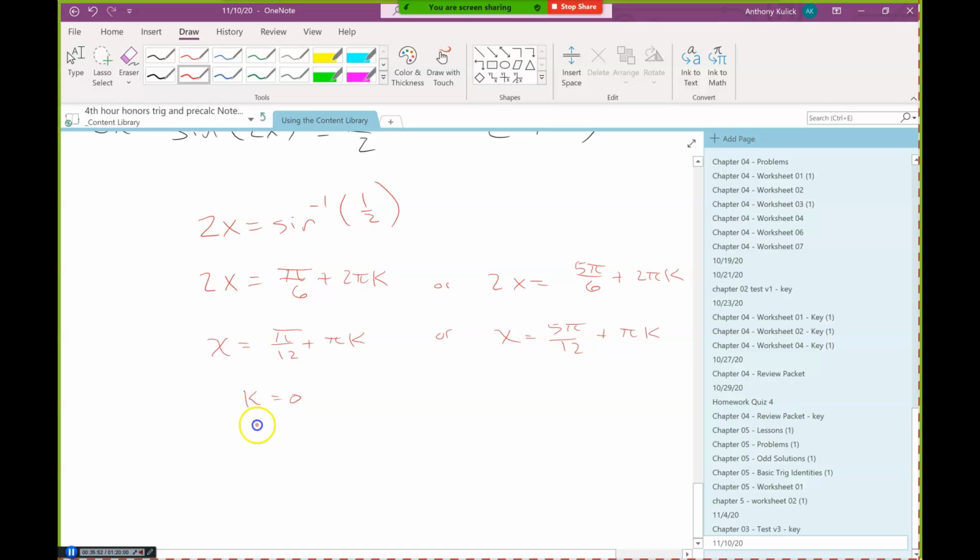So when k equals 0, I get x is equal to pi over 12. That's in the interval between 0 and 2 pi, right? When k is equal to 1, I get pi over 12 plus pi. That's 13 pi over 12. That's also between 0 and 2 pi.